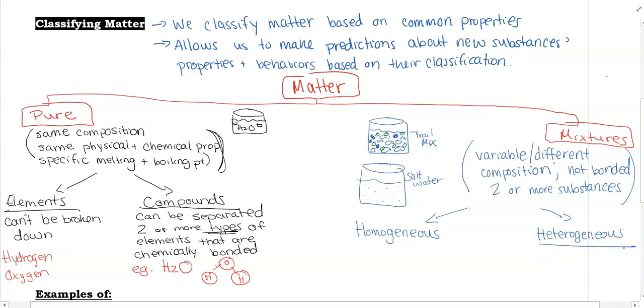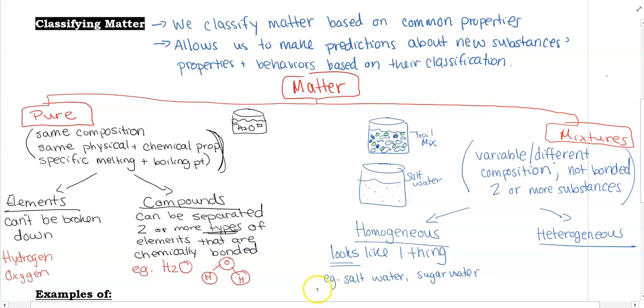Okay, so homogeneous, I want you to think homo, meaning one. So it looks, and the key being looks, like one thing, but it's not. You've got things like salt water or sugar water and things like that.